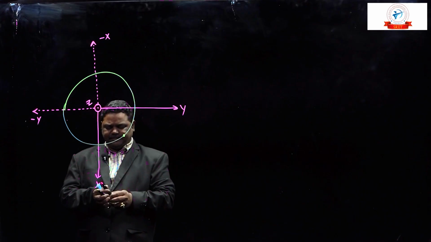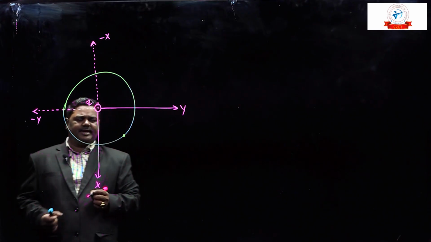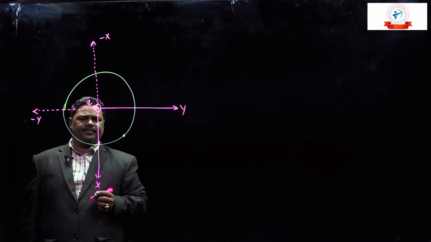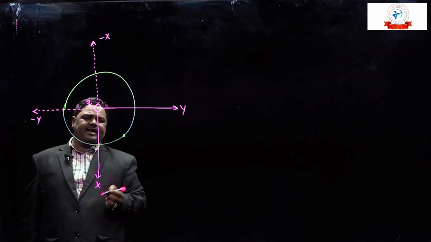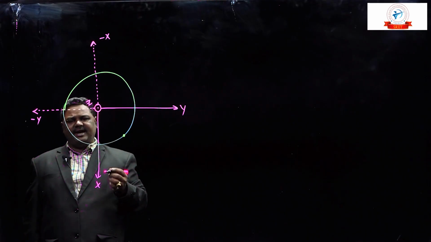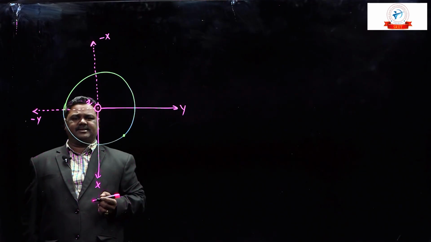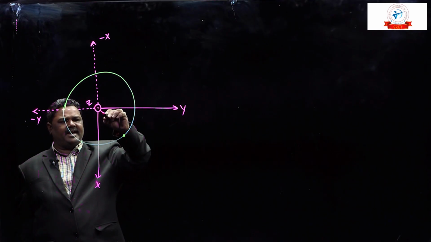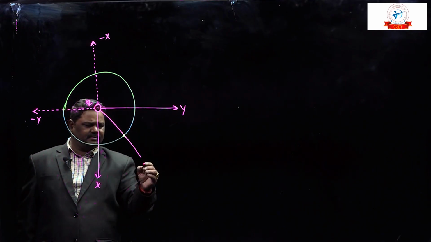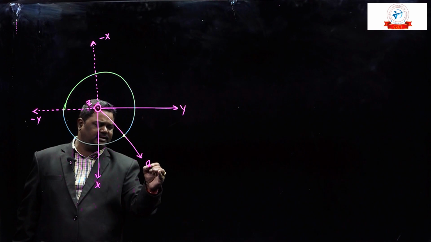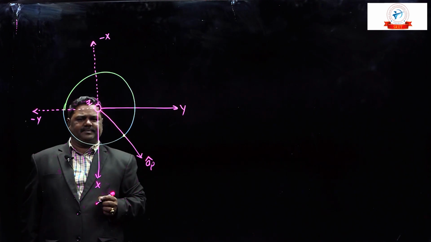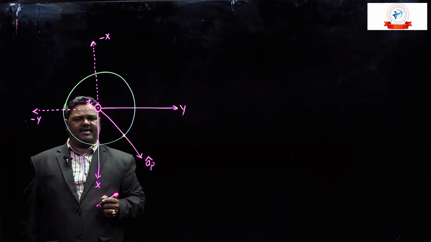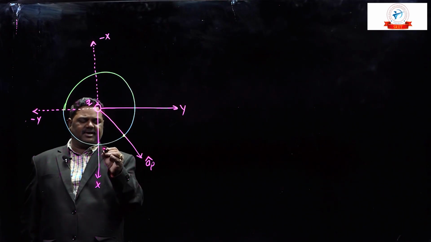Here, what is the direction of rho? I defined A rho cap as radially away from the z axis. For that, draw a line radially away from the z axis. So this direction will be A rho cap. At the same point we need the phi direction. The phi direction is a tangent for increasing phi.